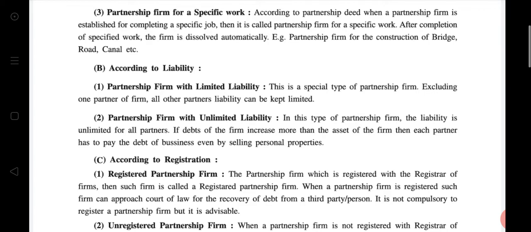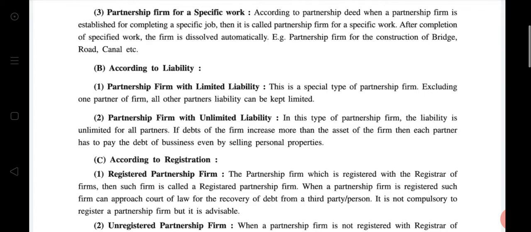In this type of firm, all the partners have limited liability, but only one partner has unlimited liability.